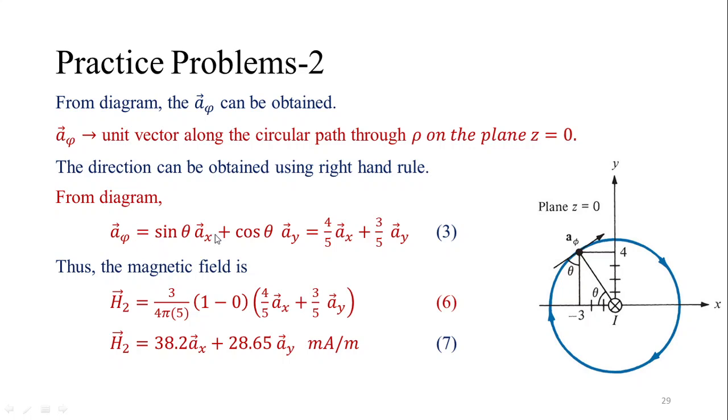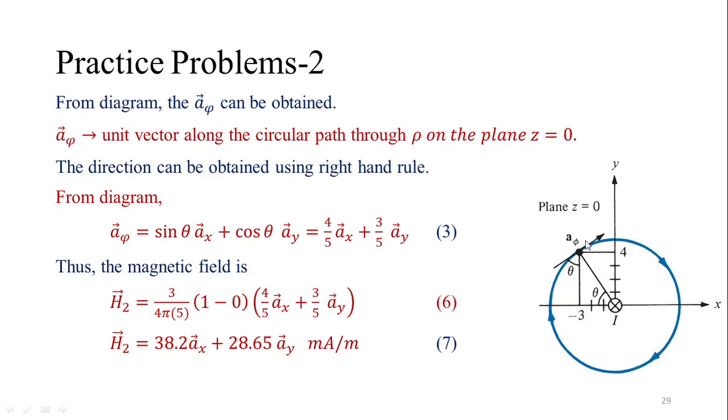Here the dimension in the y direction is 4, and in the x direction it is -3. Using this you can form a triangle, and from that you can find A phi is sin theta ax plus cos theta ay, that is 4 by 5 ax plus 3 by 5 ay.